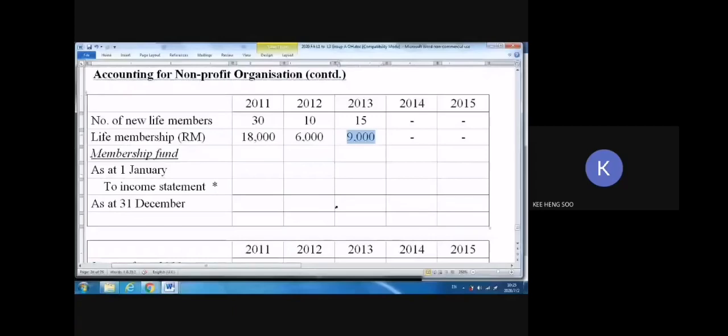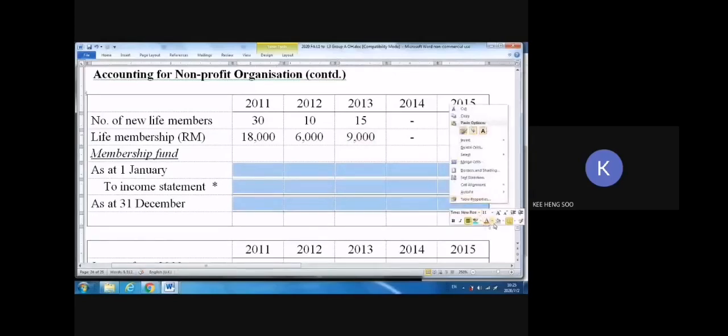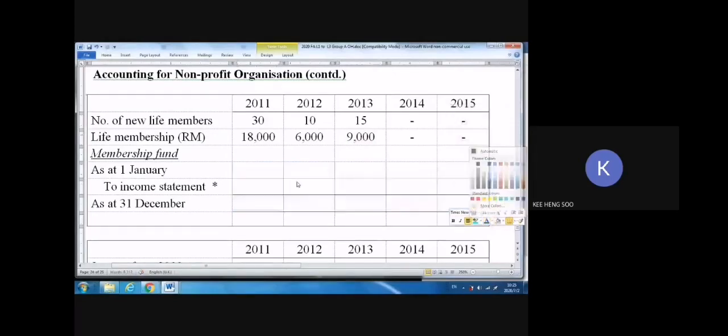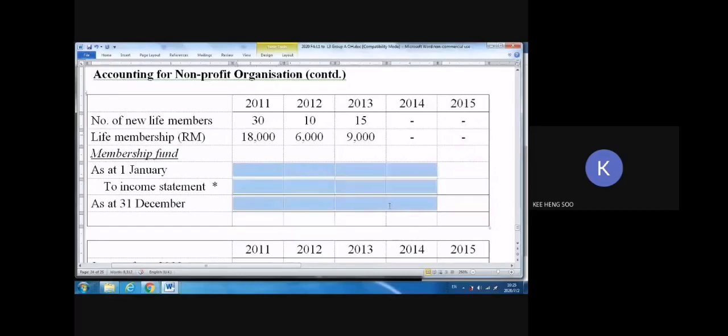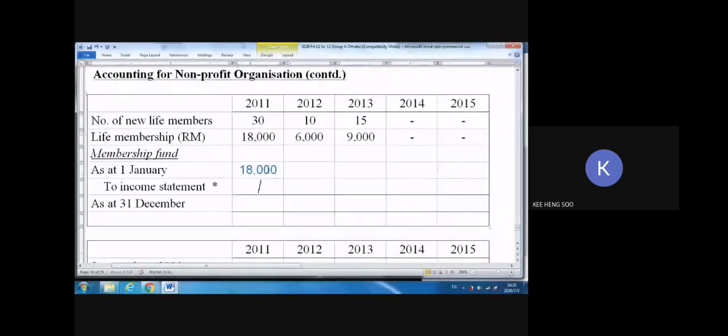So at the 1st January, you're going to have 18,000. So this 18,000, use your calculator, divide by 5.